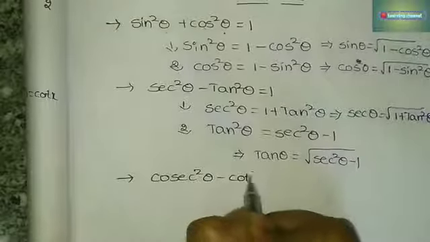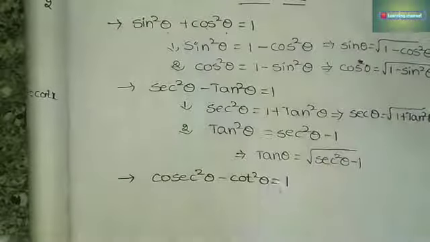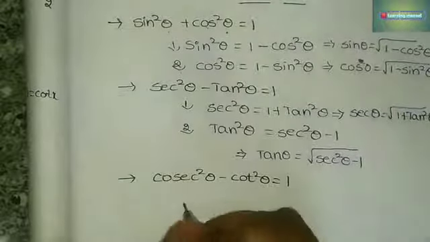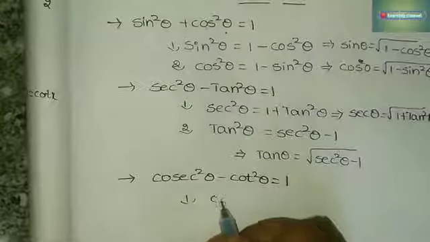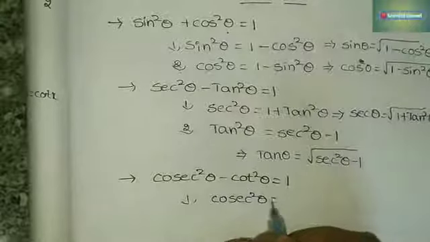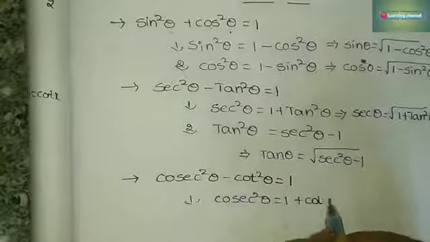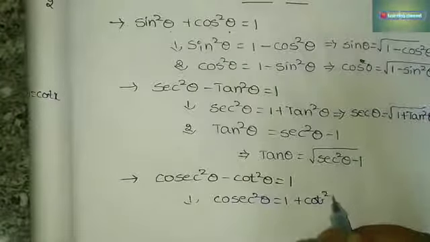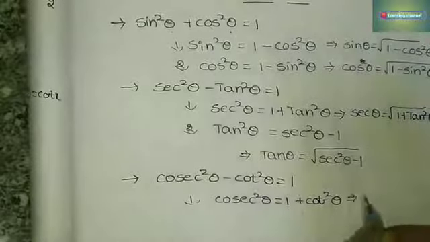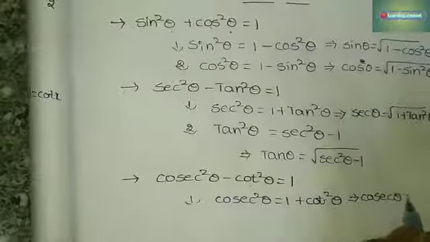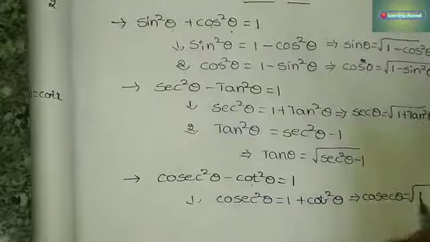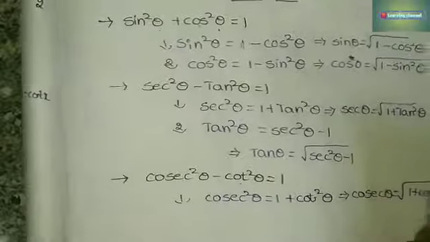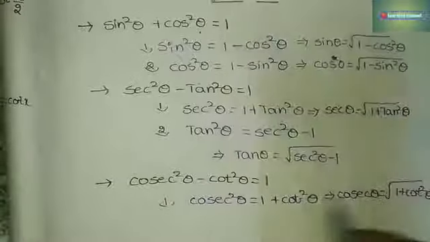The third one is cosecant square theta minus cot square theta is equal to 1. And the deductions are, the first one, cosecant square theta is equal to 1 plus cot square theta, as the cot square theta comes to this side. This can be written as cosecant theta is equal to root under 1 plus cot square theta.